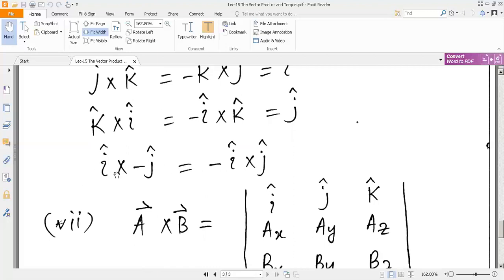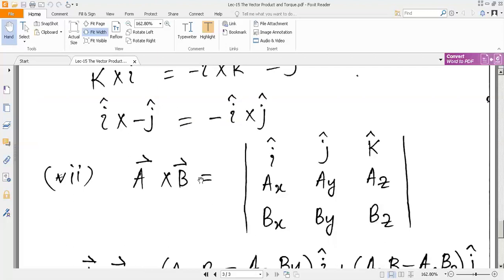So there will be no change in the mathematical meaning of the cross product. This I cross minus j can be expressed as minus I cross j.